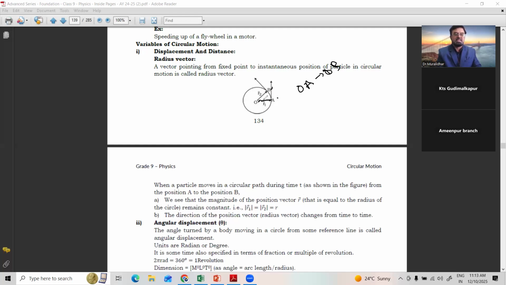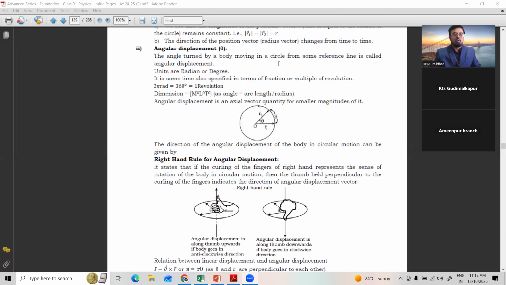So this radius is the same as this radius, and all. The direction of the position vector changes from time to time. So it won't stay there, it moves from point to point. That constant radius, which makes the body move in a circular path, is called the radius vector, which is one of the important terms in circular motion.